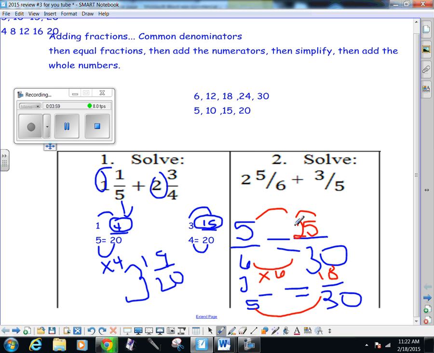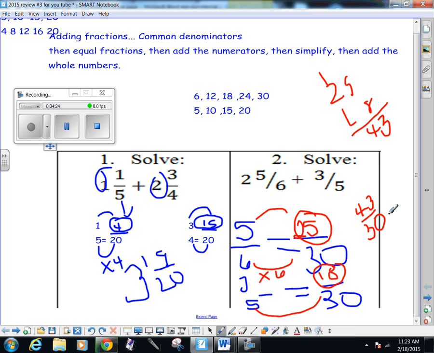So my numerators are 25 and 18, so 25 plus 18, that's 13, carry my 1, 1, 2, 3, 4. So I've got 43/30.